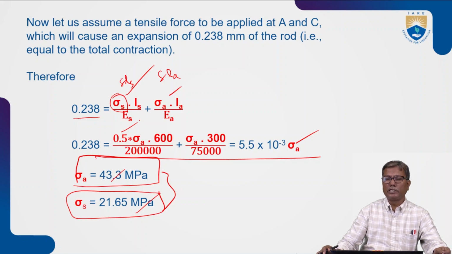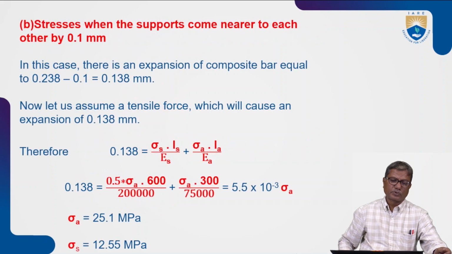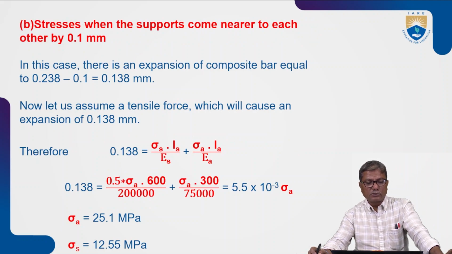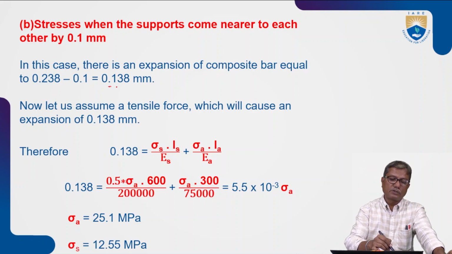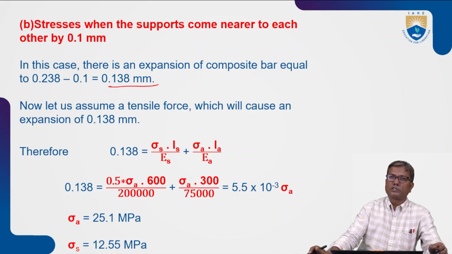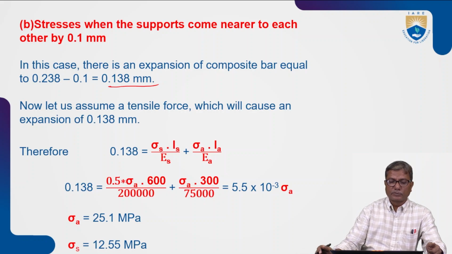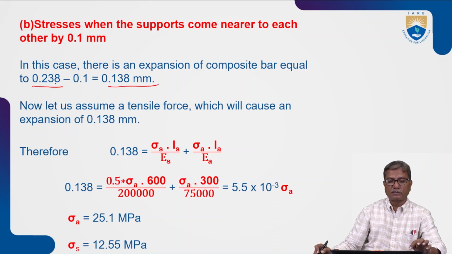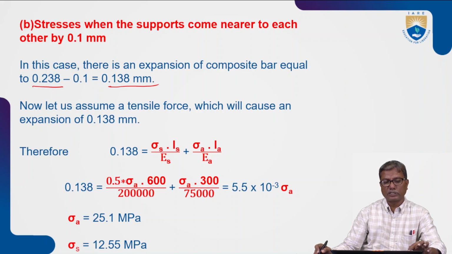When the supports yield by 0.1 mm, the expansion of composite bar will be equal to now 0.138 mm. Because the supports come nearer, the total expansion, if it is free to expand, in case of unyielding supports we have seen it is 0.238.